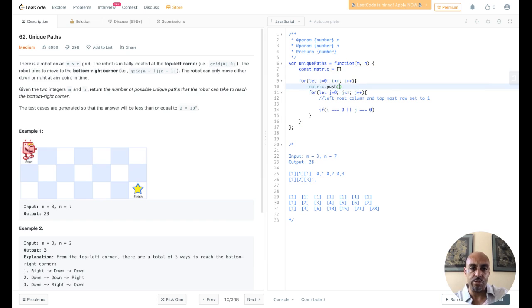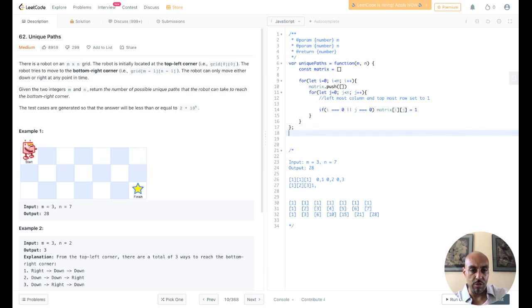Matrix dot push an empty array, and then we'll do this: if i equals 0 or j equals 0, the matrix at i j equals 1, or we'll set it to 1.